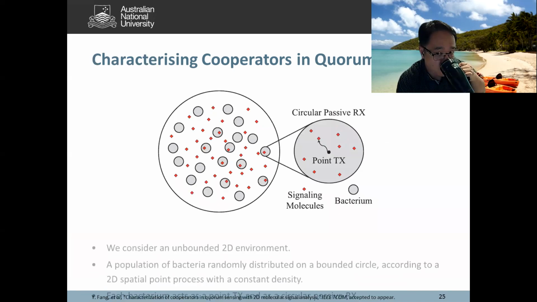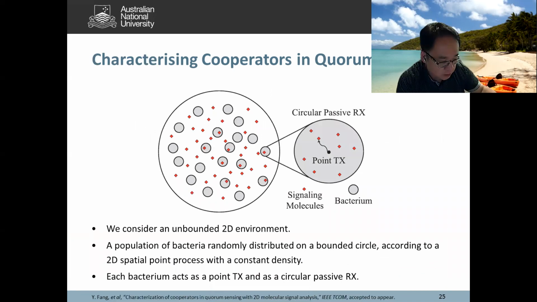So in the system model of this work, we can see an unbounded 2D environment. For the sake of simplicity, we consider the 2D environment, and it is unbounded. And then in this unbounded 2D environment, we can see a population of bacteria, and they are randomly distributed in a bounded circle.